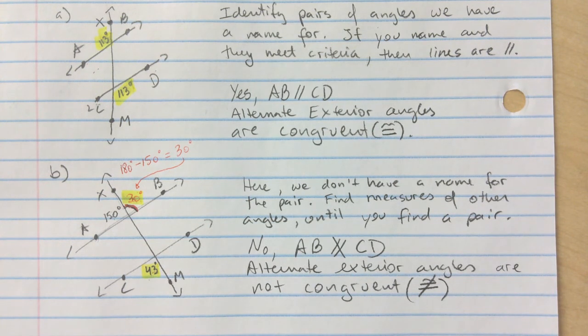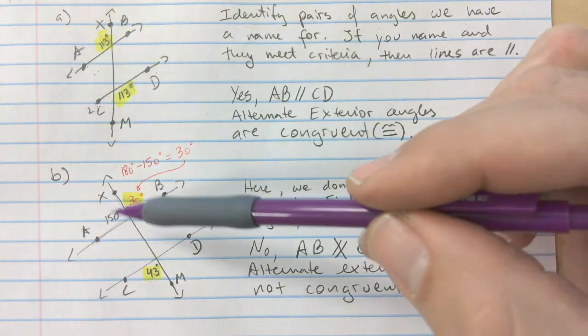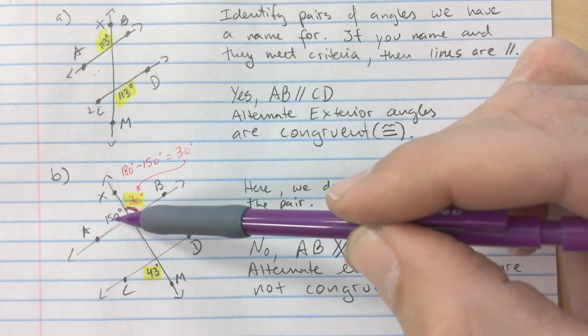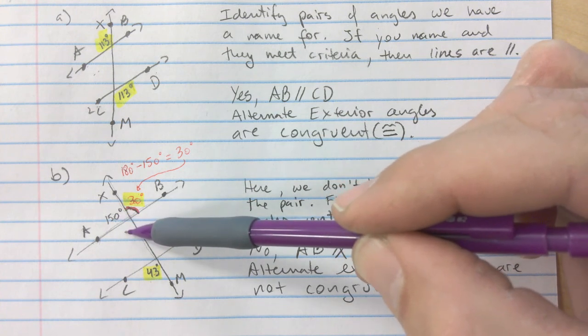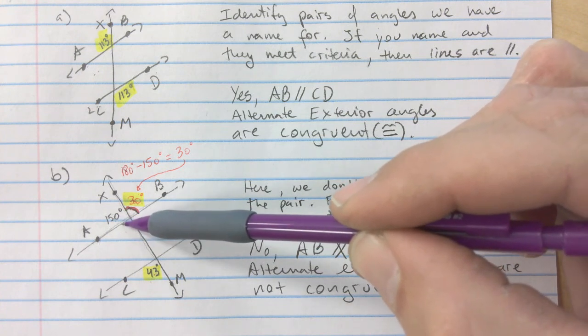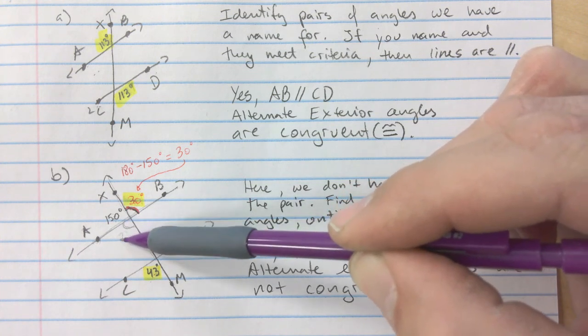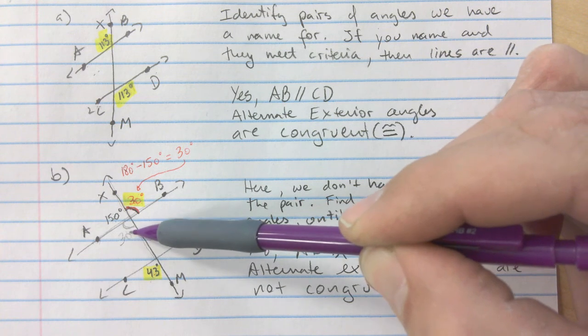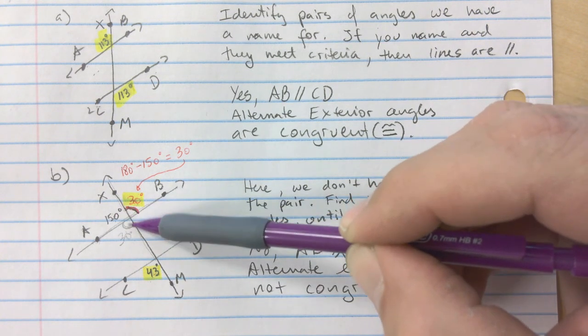So somebody at home or here, I can guarantee you somebody saw something else. Somebody saw, well, Mr. Dirksen, isn't this a straight line here? Wouldn't you say that I could just go 180 minus 50 to get this one? And then you get 30 here, right? So maybe you don't copy this just yet. But first of all, didn't I tell you that vertically opposite angles are always equal?